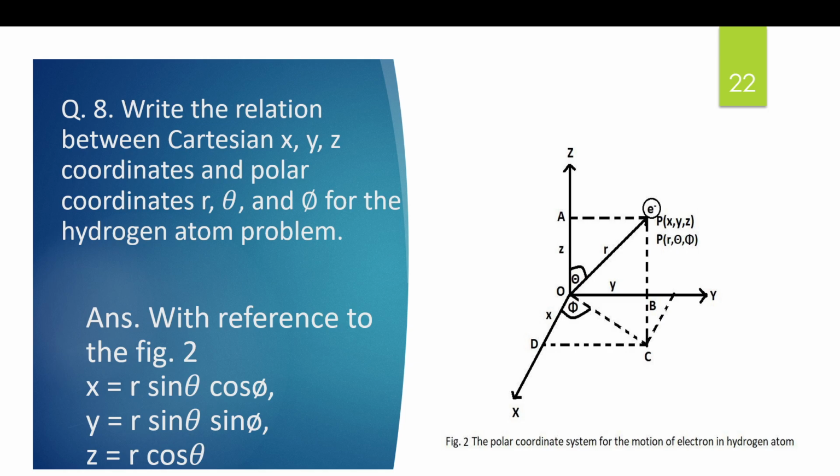The angle is theta on one side, phi on the other side. So we can derive these relations: x equal to r sin theta cos phi, y equal to r sin theta sin phi, z equal to r cos theta. These are very commonly used in quantum mechanics, so you should remember them.